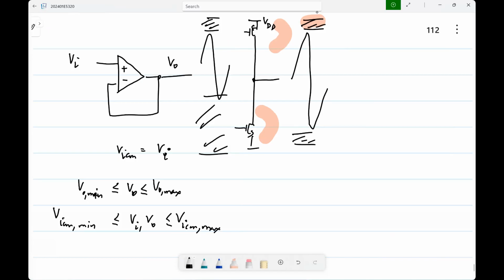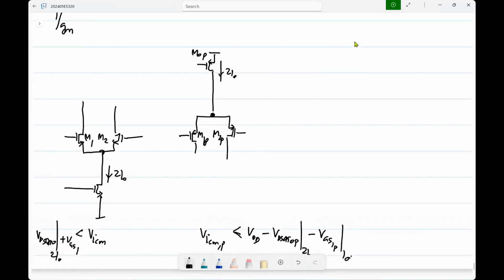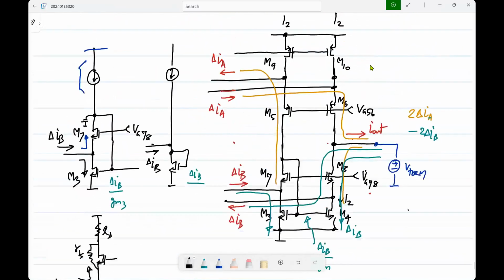Swing limit would be limited by the input common mode. So in such cases, it is useful to have an op-amp whose input common mode range extends over the entire range. Okay, it's not asymmetrical like this. And that is where this kind of stage may be useful.